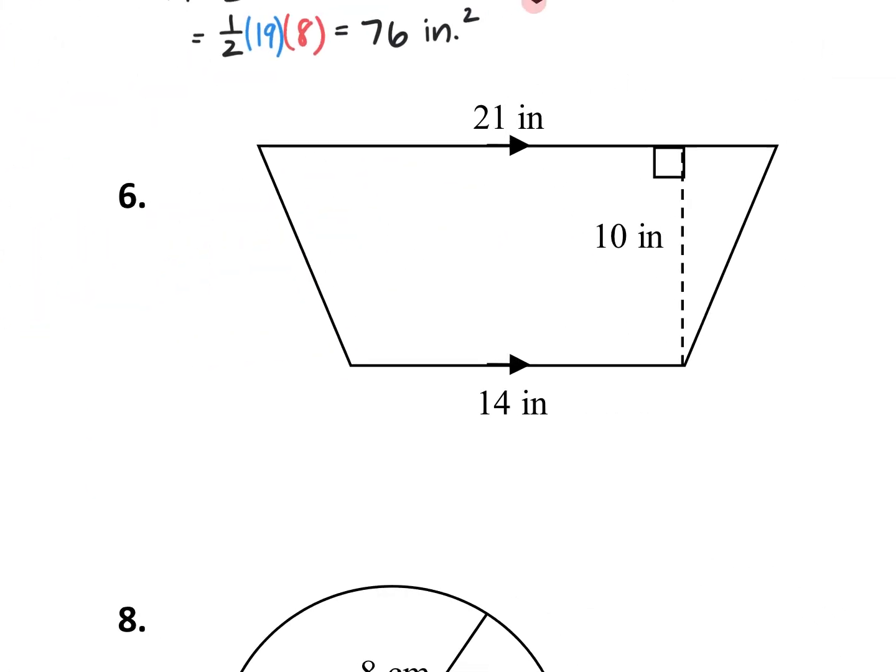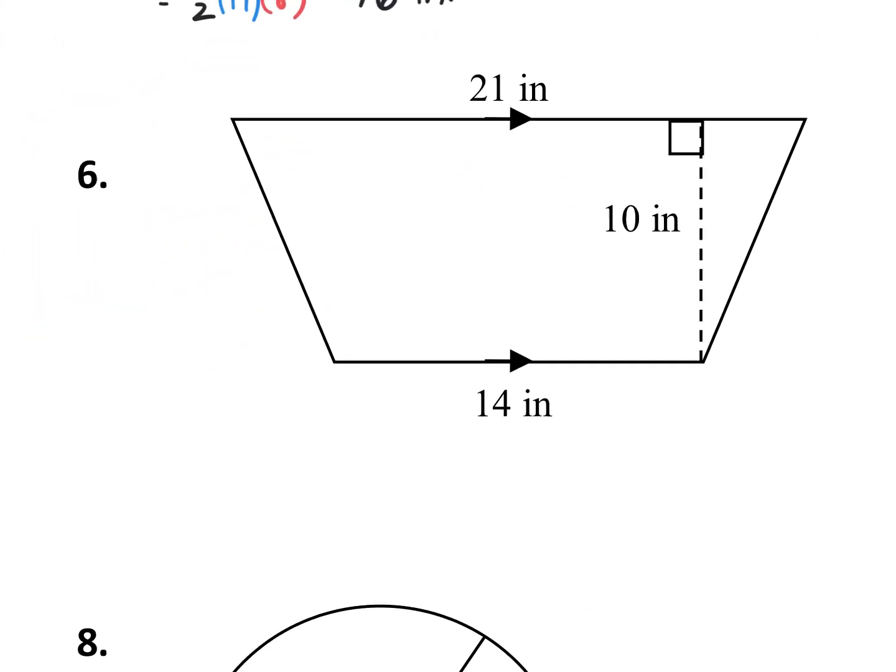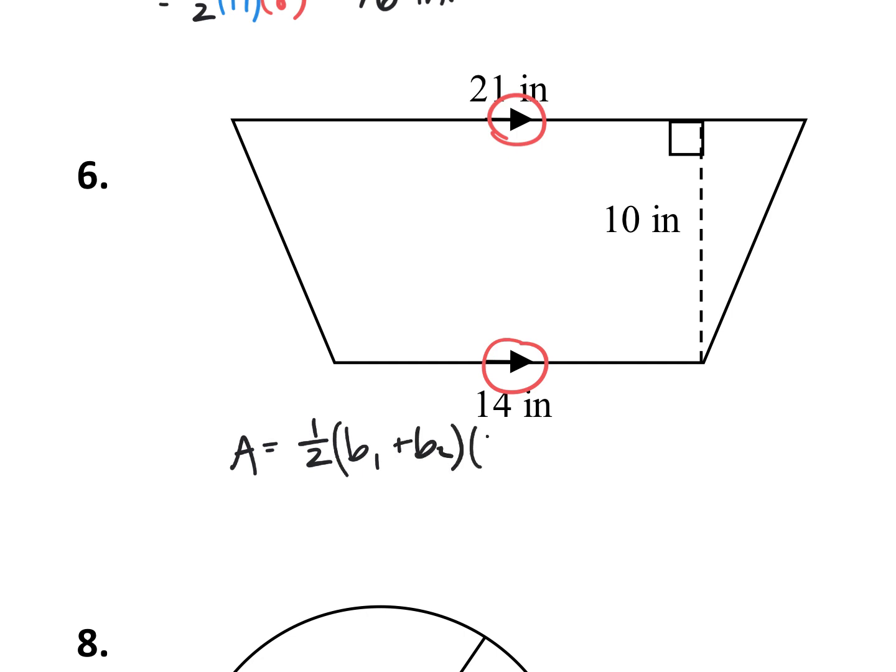Moving on to number 6. Number 6 would be a trapezoid because my opposite sides are parallel. So my formula for a trapezoid is 1/2 base 1 plus base 2 times my height.